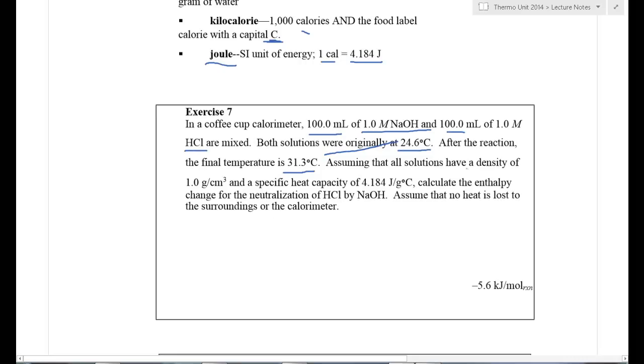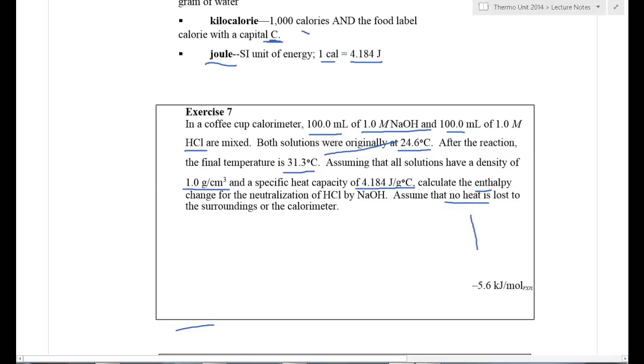Assuming that all solutions have a density of 1 gram per centimeter cubed, and a specific heat capacity of whatever water's is, and that's 4.184 joules per gram degree C, we want to calculate the enthalpy change for this neutralization reaction, and we want to assume that no heat is lost to the surroundings or the calorimeter.